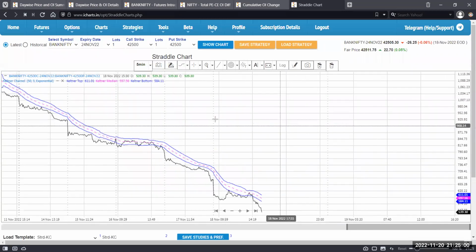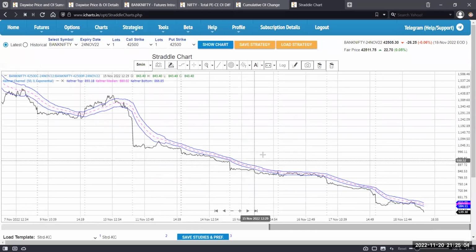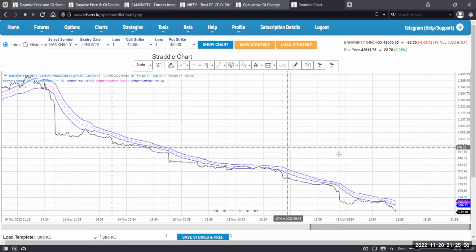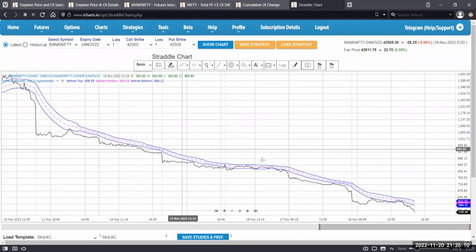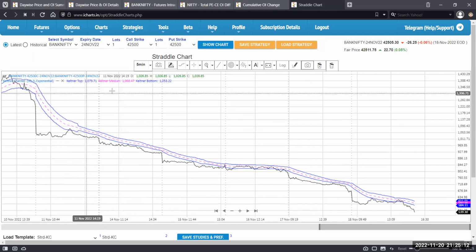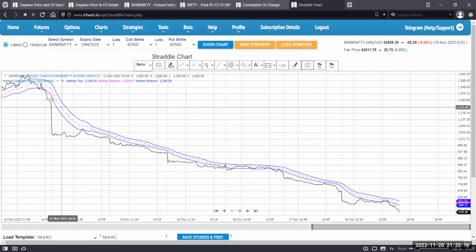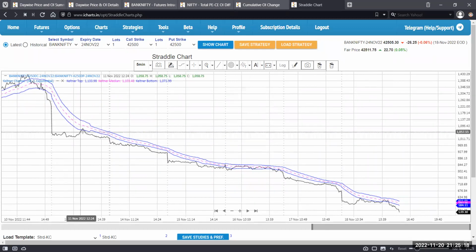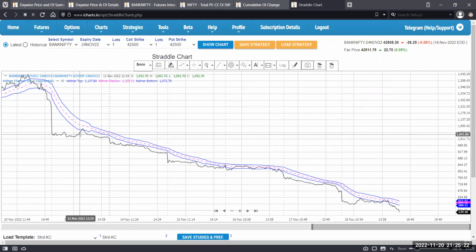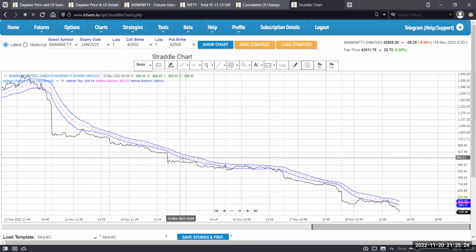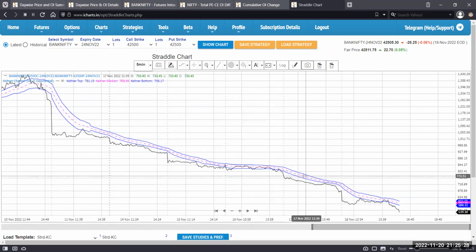If you are trading positionally, few people use even 5 minutes because they want faster signals. Here I've plotted the Keltner channel, which is my favorite indicator for option strategy charts. This shows you the straddle premium. When you are short the straddle, you want the straddle premium to keep on going down, basically decaying.